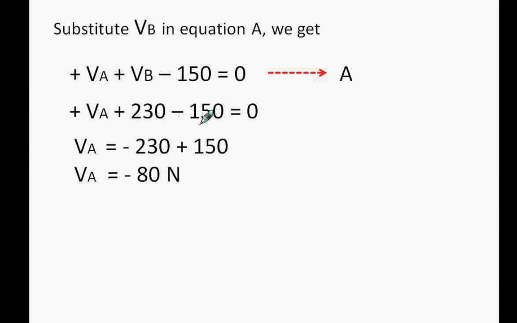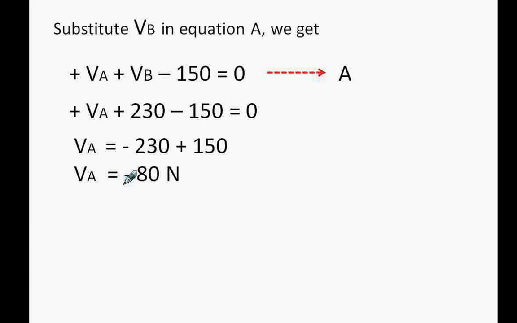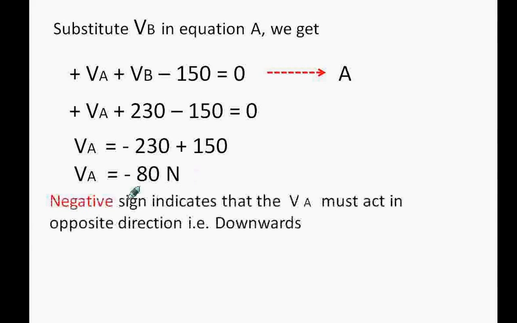Therefore VA equal to minus 80 Newton. What is this minus sign? That means the upward direction we chose for VA is wrong. Since it is coming negative, the assumed upward direction should be taken downward. So the negative sign indicates that VA must act in the opposite direction, that is downward.